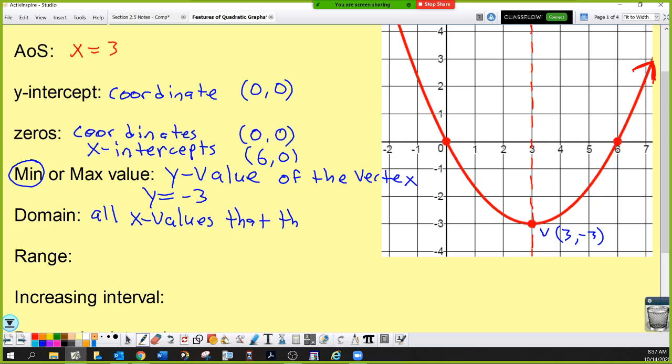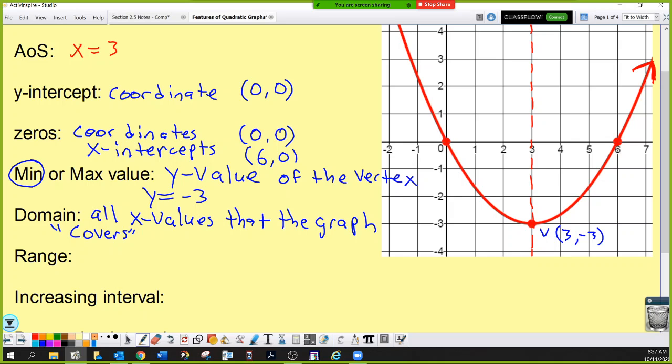that the graph, and I'm going to use the term in quotes, covers. So if you could take this graph and grab it from the top and the bottom and smash it flat onto the x-axis, what x values does it cover up?